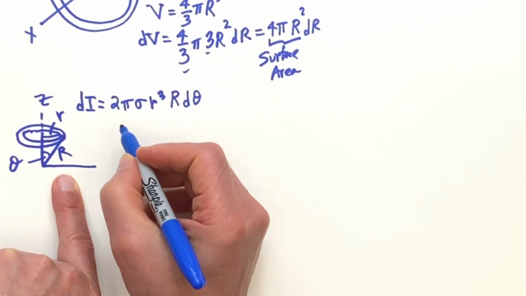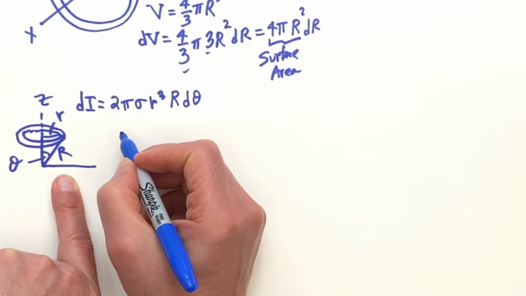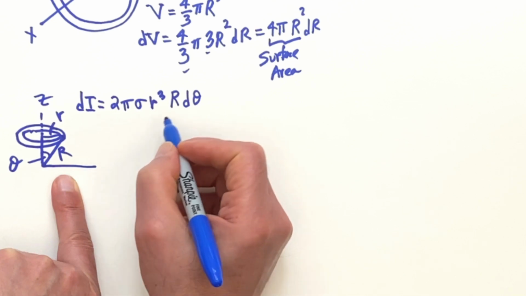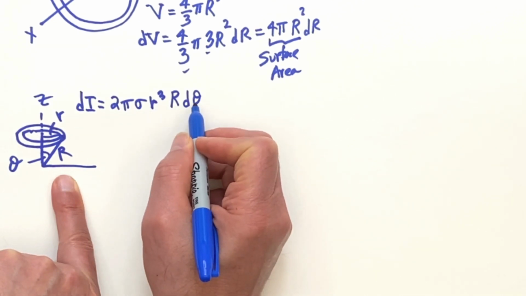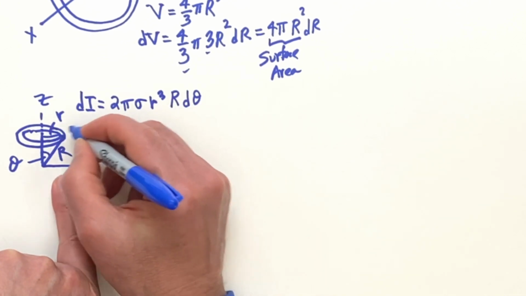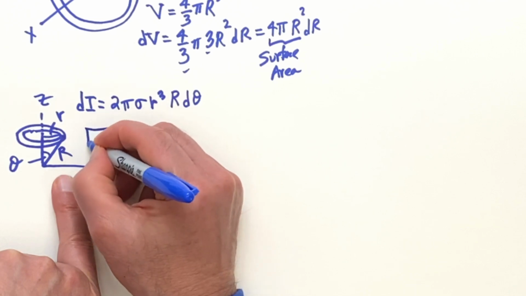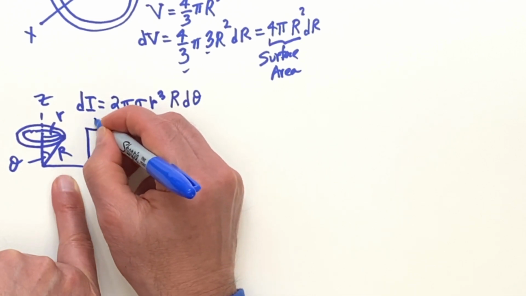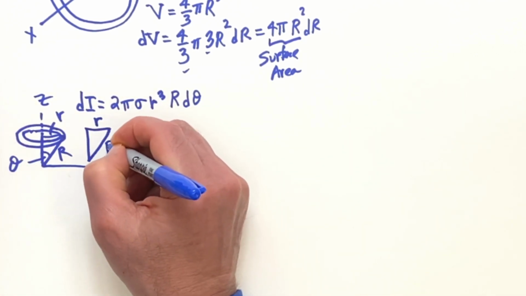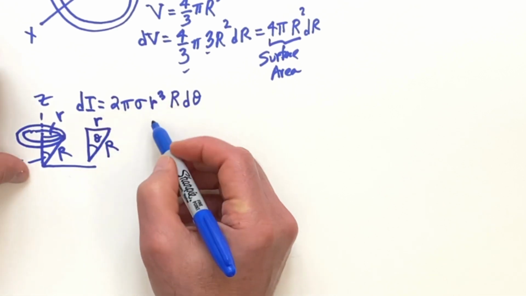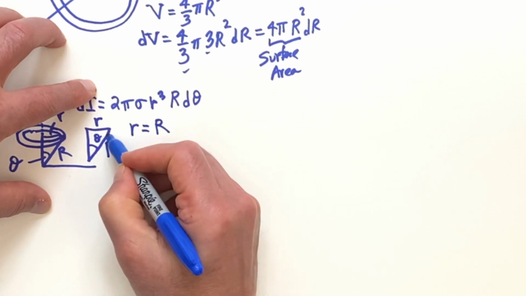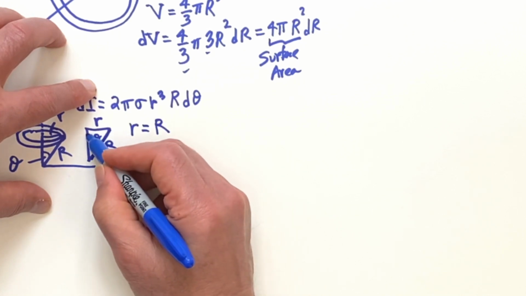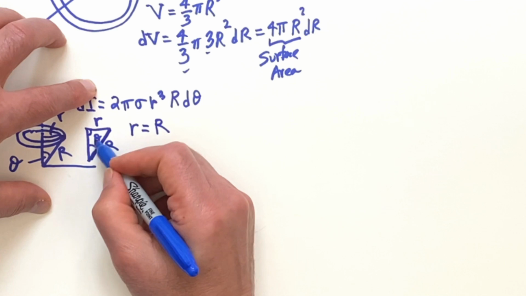So we have to get everything in terms of the variable of integration. I'm going to go for theta, since I already have a d theta there. And this little r, if I go ahead and bring this out like this, little r, and there's the big R, and this is the angle theta. The little r is the big R, the hypotenuse, times the sine of theta.